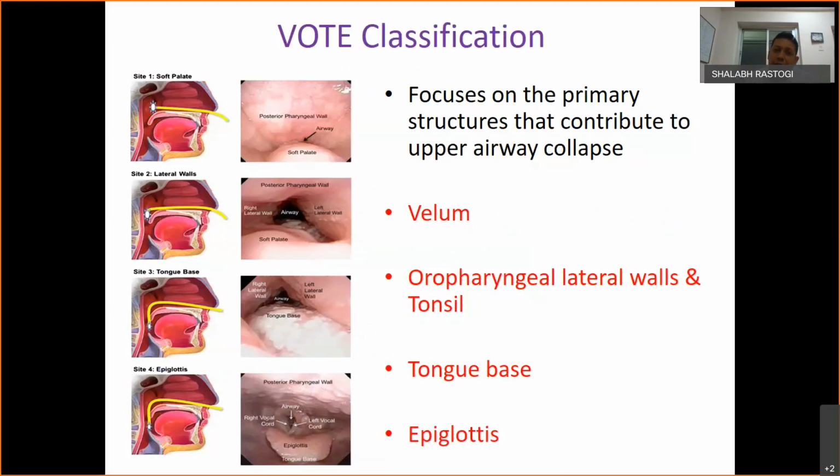After DISE, the recordings are measured by the VOTE classification, which basically tells us at what area the obstruction is there. It stands for velum, oropharyngeal and lateral pharyngeal wall, tongue base, and epiglottis.